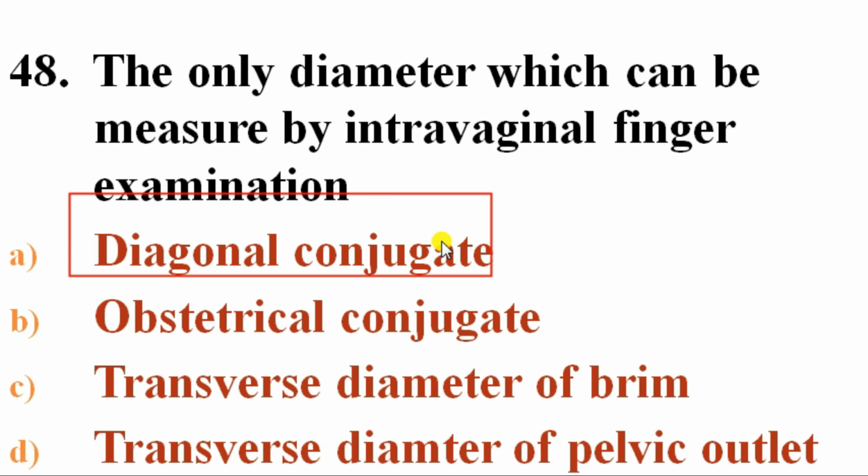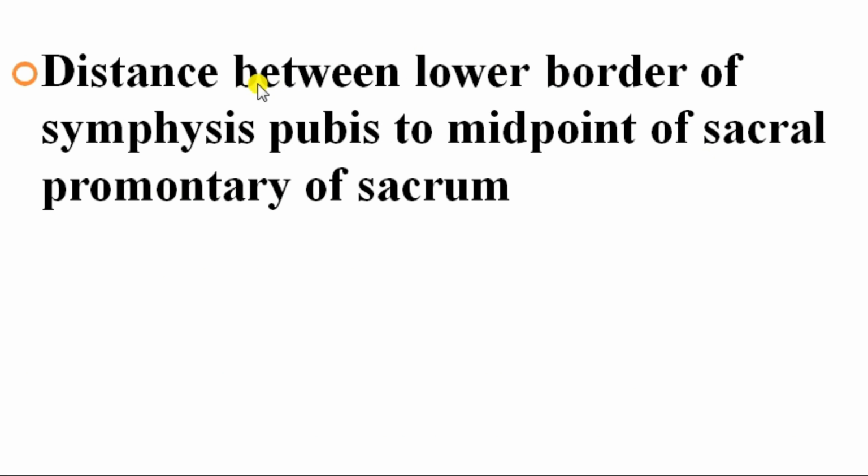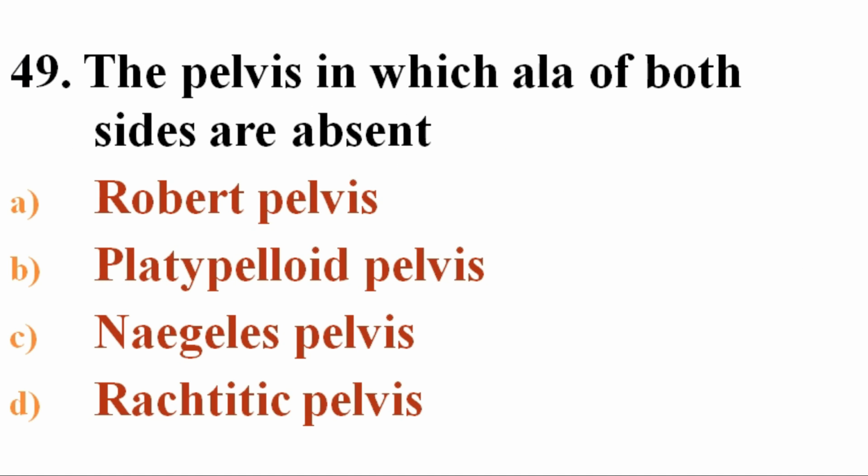It is the distance between the lower border of symphysis pubis to the midpoint of the sacral promontory of the sacrum.